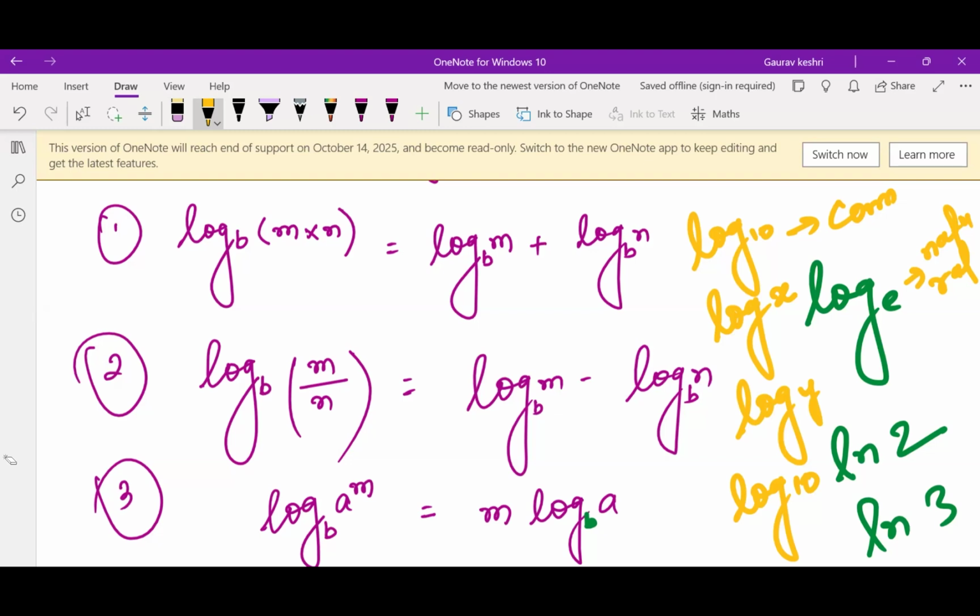In your NCERT it is clearly written, this is the standard form of writing it throughout the world, in all curricula. If we want to represent the base as e, we write ln, and if we want to represent the base as 10, we can skip writing the base and directly write log. Whoever sees it will understand the base is 10. Getting it? Yes.